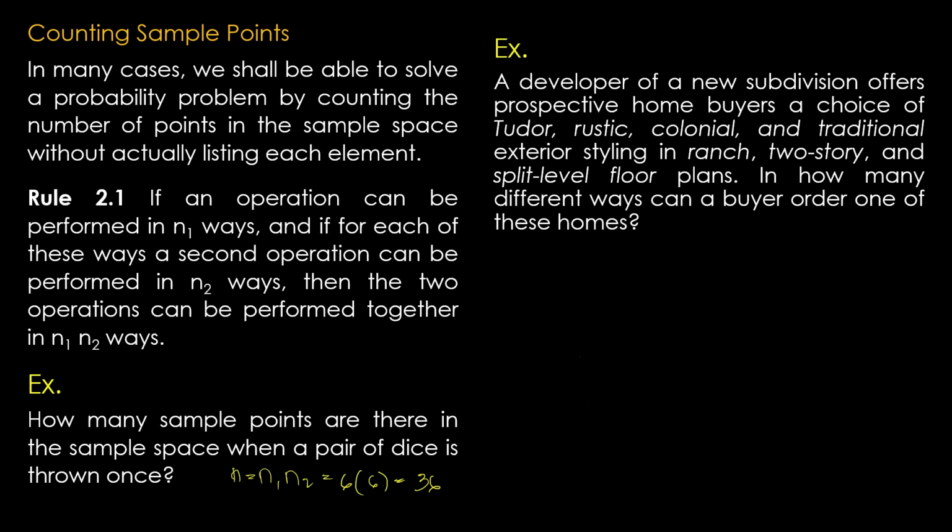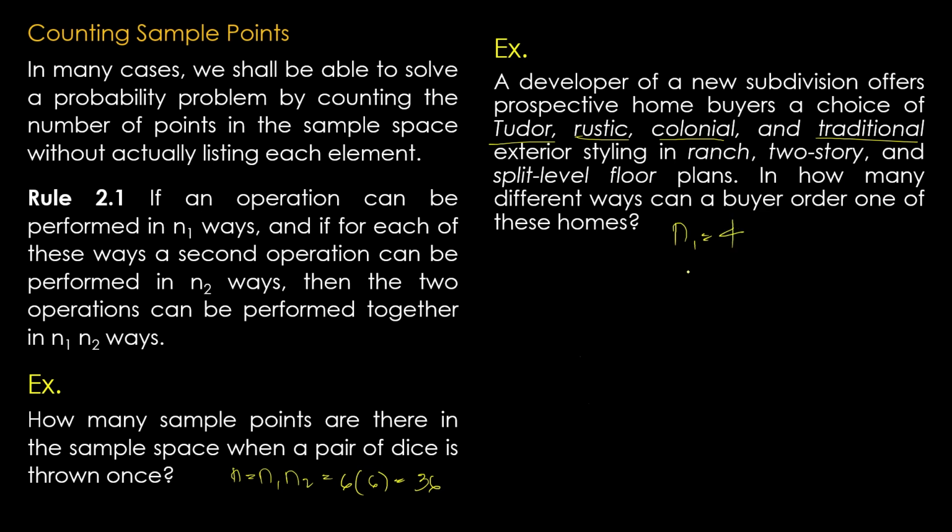In how many different ways can a buyer order one of these homes? So, this is also a choice. You have your n1 being equal to the types of exterior finish. What are those? You have Tudor, rustic, colonial, and traditional exterior styling.